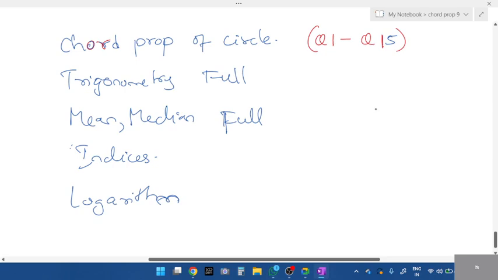Okay, take a 5 minute break. Up to 8:50 I'll conduct, another 15 minutes. Take a 5 minute break, students. We'll continue after that.